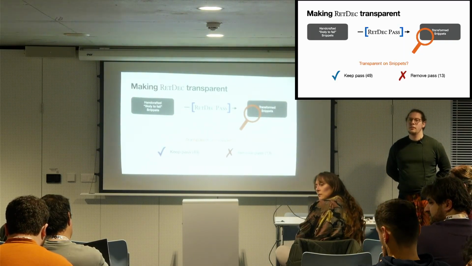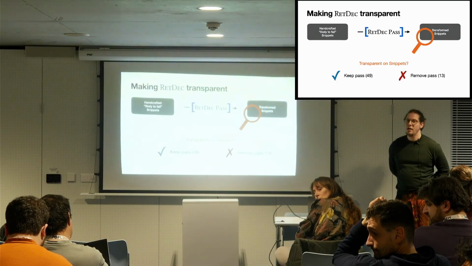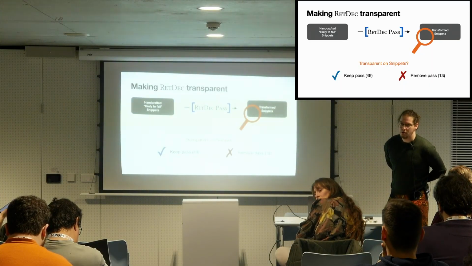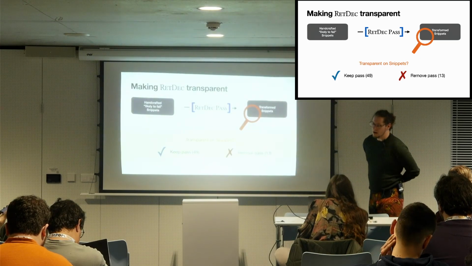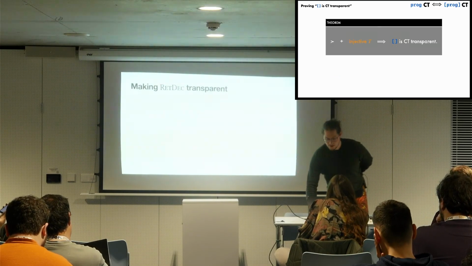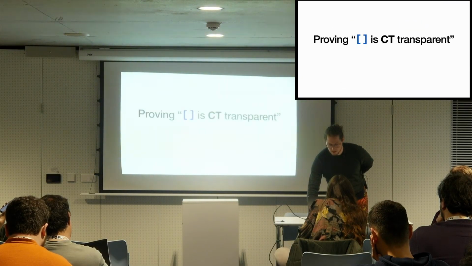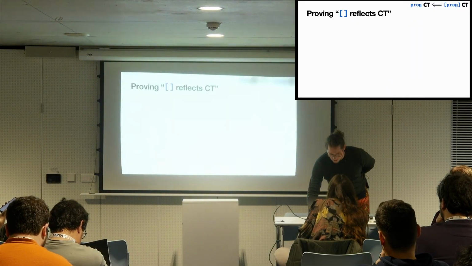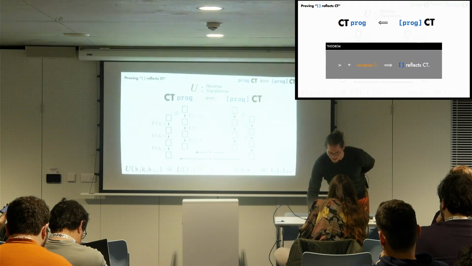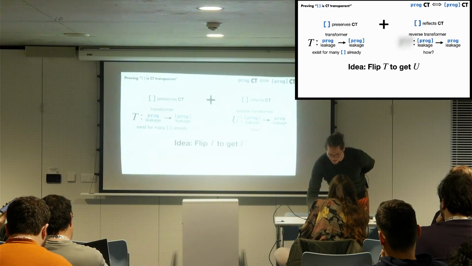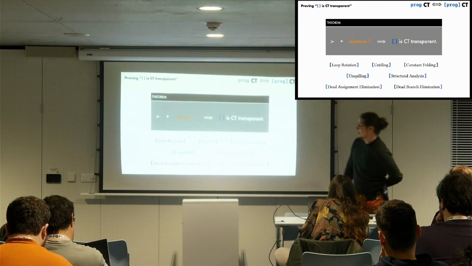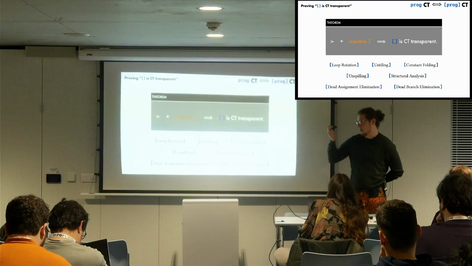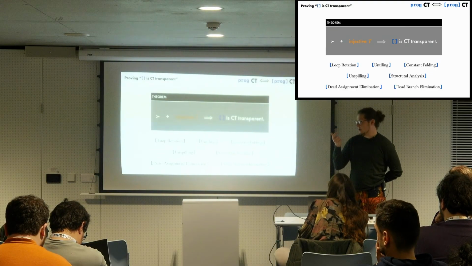I'm just a little confused. So RedDec is just a decompiler. Did you invent your own leakage transformers for each pass of RedDec, or was that already part of RedDec? No. For the passes that I showed you back here, we did show that you can flip the functions around, the transformers around.